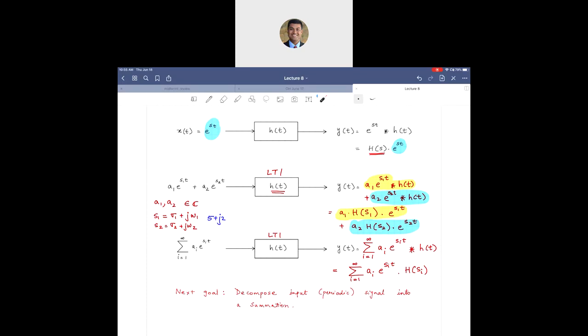The next thing to note is we were able to find the response or the output of this LTI system to a superposition of all those scaled complex exponentials. We were able to write that in one summation form.